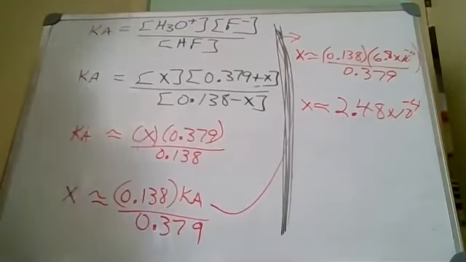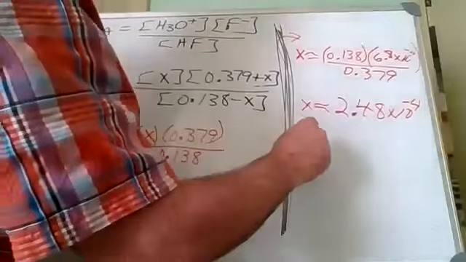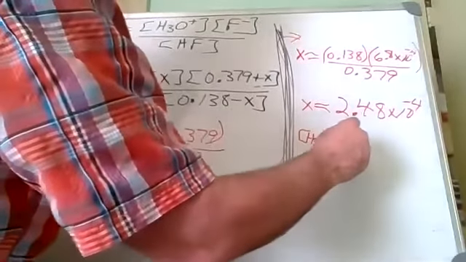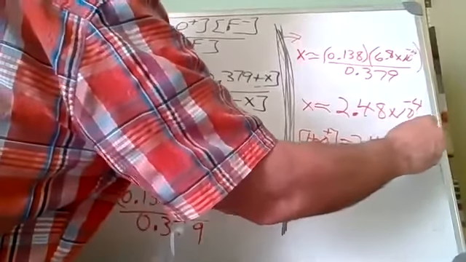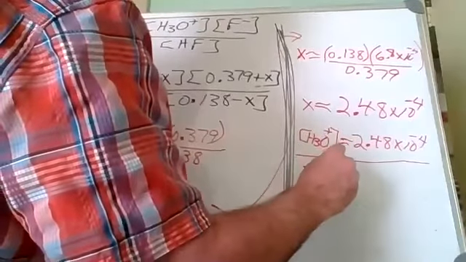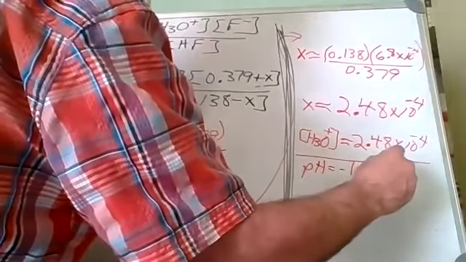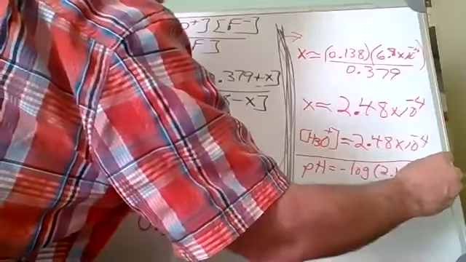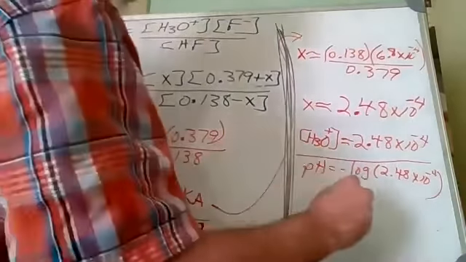All right, so that is the hydronium ion concentration, approximately 2.48 times 10 to the negative 4th. So that tells me that the pH equals negative log of 2.48 times 10 to the negative 4th, which is 3.61.